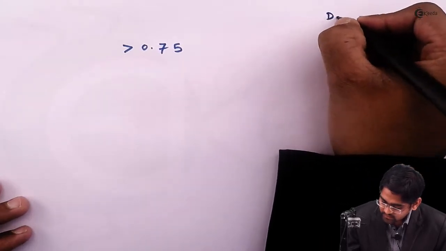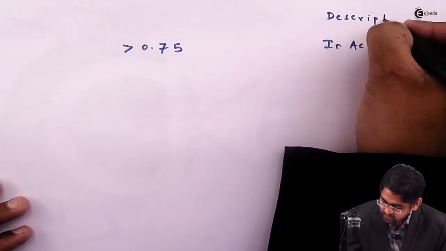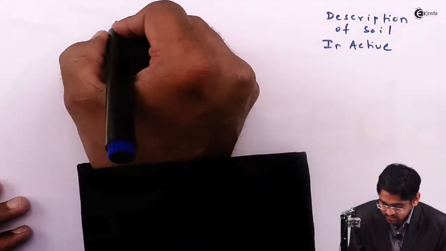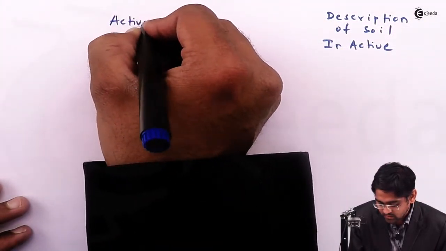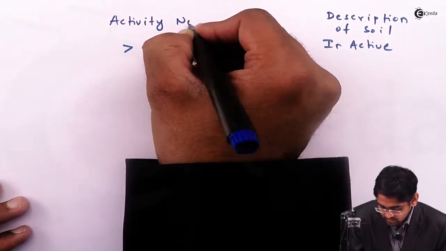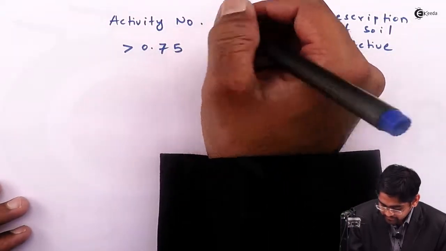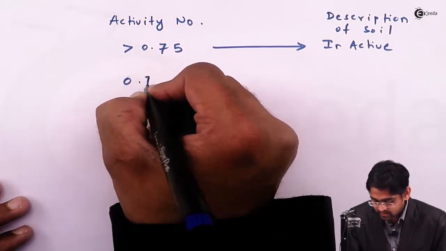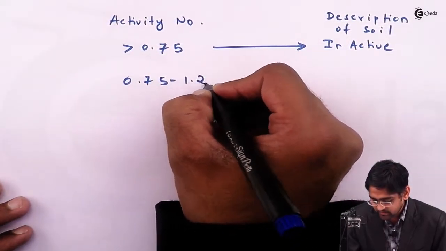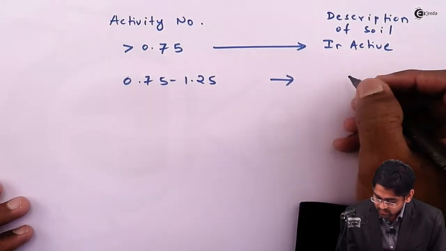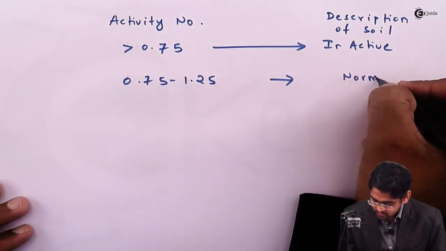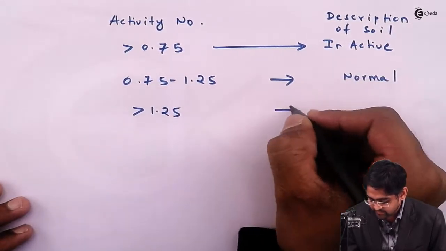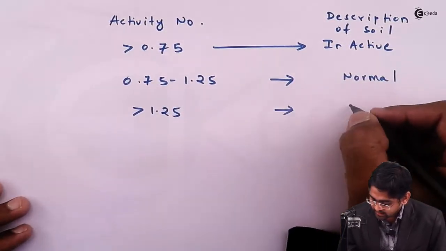This is the description of soil, and this is the activity number. If the activity number lies between 0.75 and 1.25, it is normal, and if it is more than 1.25, we call it active soil.